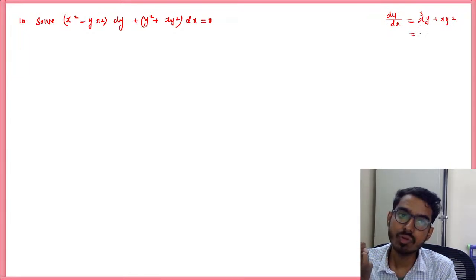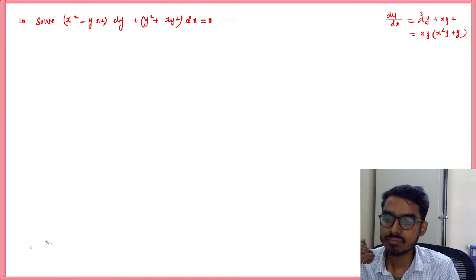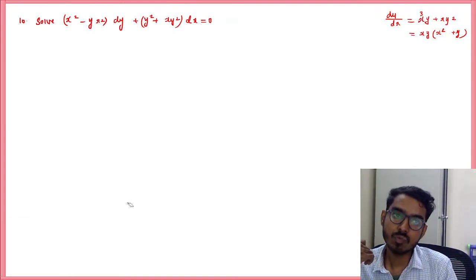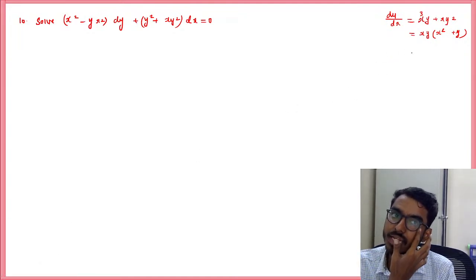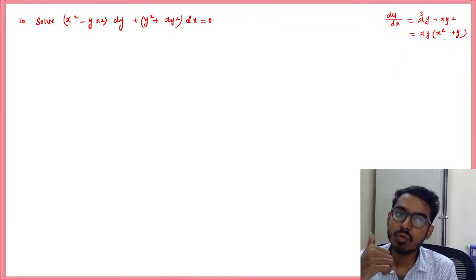You can take xy common, so we will be left with x square y plus y. Take xy outside, now we have x square plus y, right? Now you can see it is not possible for you to separate x and dx to one side, y and dy to the other side. If you bring this x square plus y to the denominator, you will have both x and y terms. So for this problem, it is not possible to separate the variables, right?